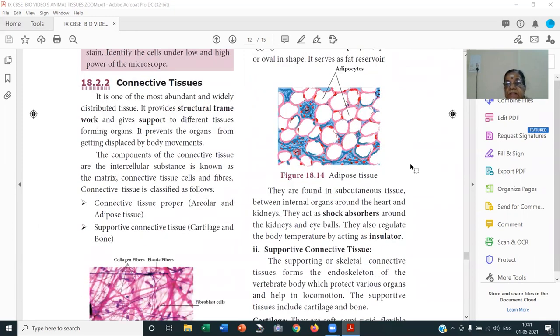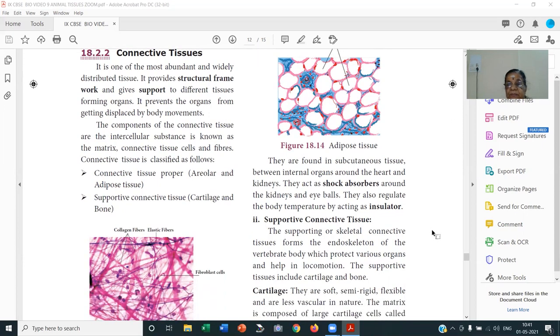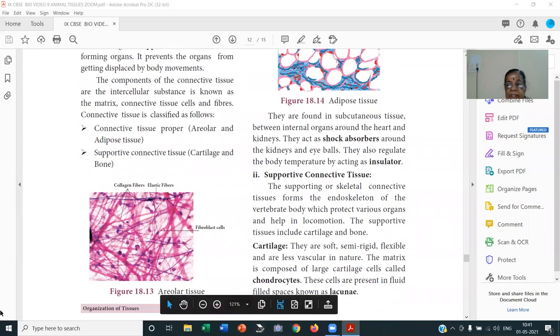They are found in subcutaneous tissue, that is below the epidermis, between internal organs, and around the heart and kidneys. They act as shock absorbers around the kidneys and eyeballs. They also regulate body temperature by acting as an insulator. I hope you follow. Then cartilage.